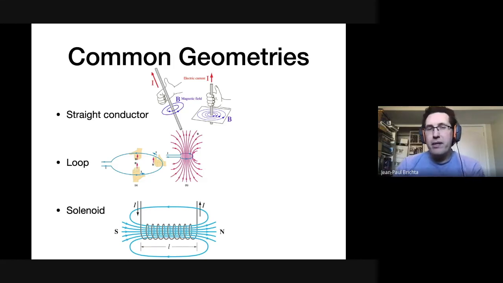So it's a little bit different. It's kind of like the first two situations put together, but in the first two situations, your fingers point in the direction of the magnetic field and your thumb points in the direction of the current. In the solenoid, it turns around, right? Your fingers point in the direction of the current, curling through the solenoid, and your thumb points in the direction of the magnetic field.